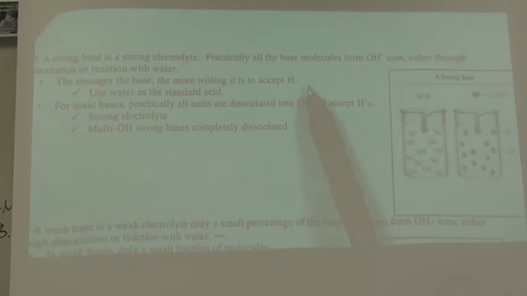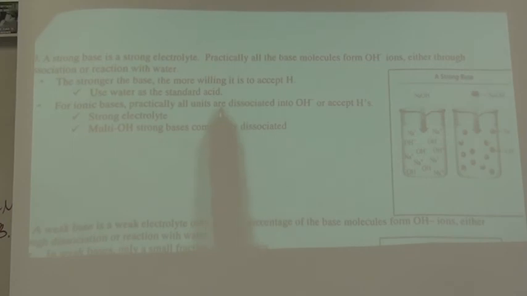That's how you can determine in a Bronsted-Lowry situation who is going to act as the acid and who is going to act as the base. If you are unsure and it's not intuitively obvious, you're going to have to look at a base strength chart that will be included in the question in order for you to answer the question. The stronger the base is, the more likely it is to accept a hydrogen ion.